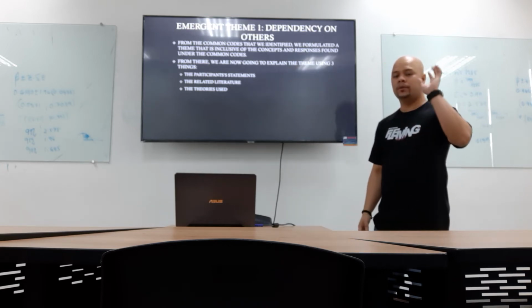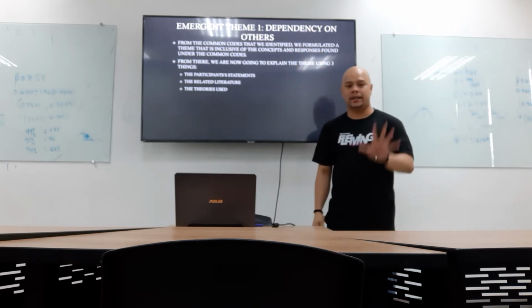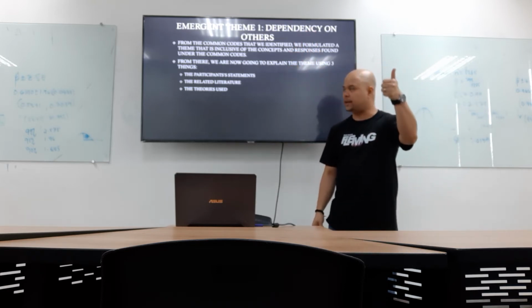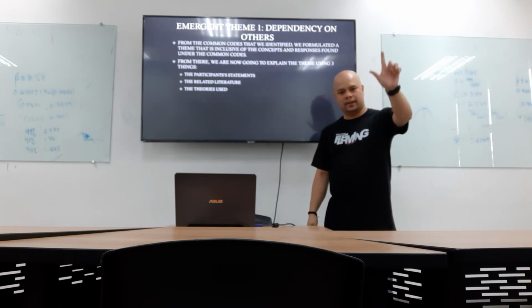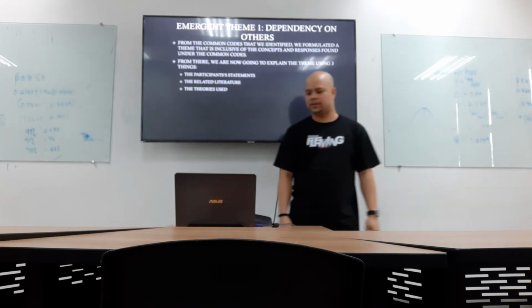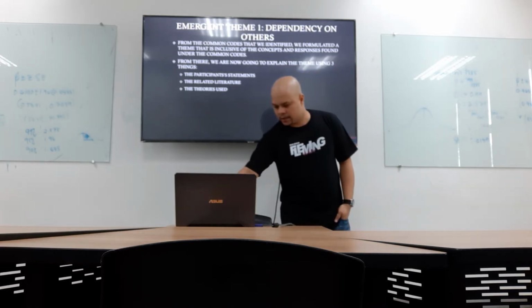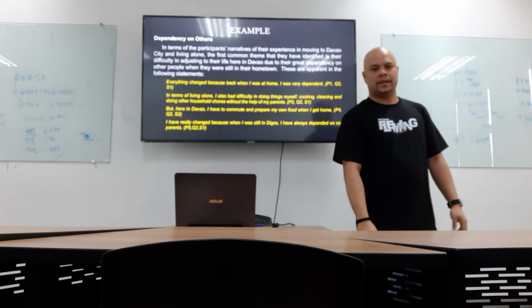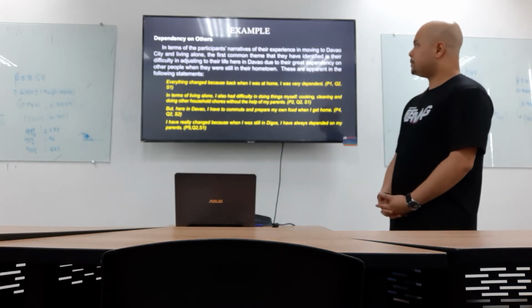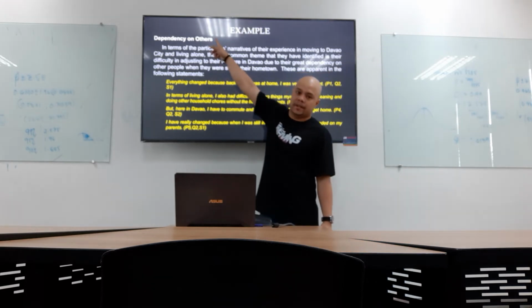And from there, we are going to explain this emergent theme again using three things. Statement of the participants, the related literature, and third will be the theories that you have used in chapter 1. And as promised, here is a sample of how you are going to discuss this emergent theme.